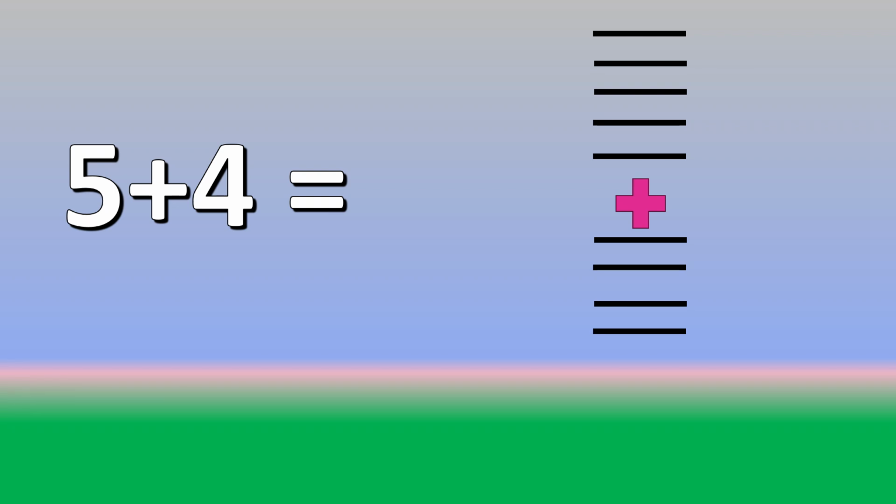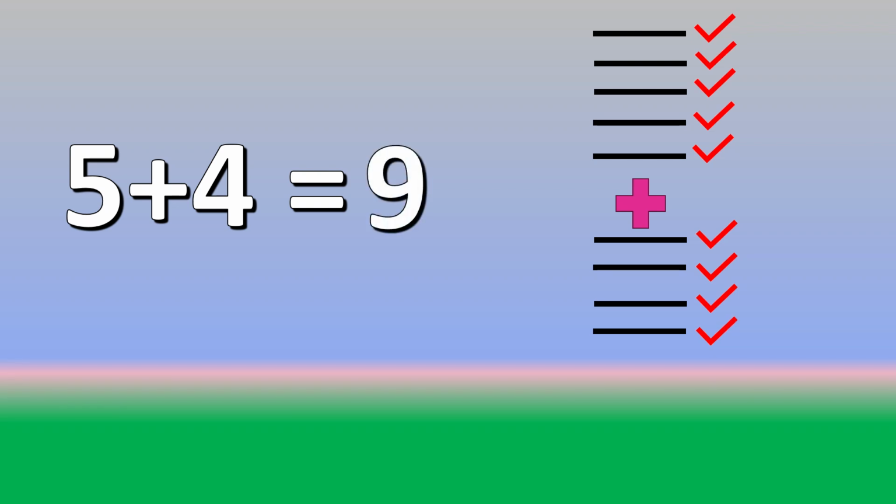Let's count how many lines are there. 1, 2, 3, 4, 5, 6, 7, 8, 9. 9 lines are there. 5 plus 4 equals to 9.